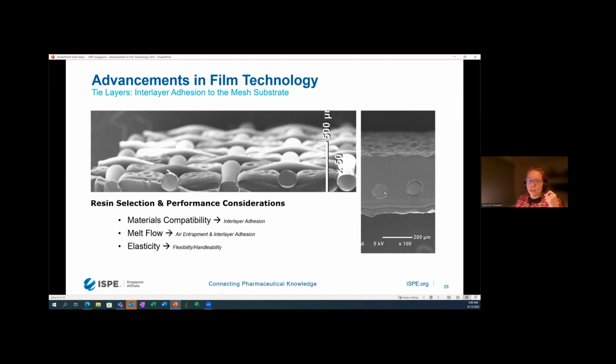So you can see that the mesh was placed below the gas barrier layer. So to achieve successful interlayer adhesion and maintain flexibility, the tie layer elasticity, melt flow, and compatibility needed to be taken into consideration.